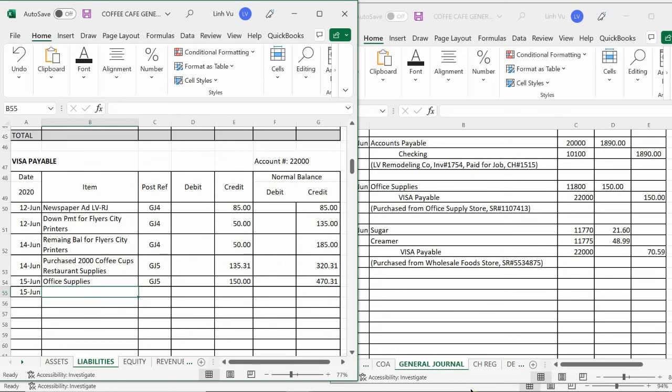So what did we do? Purchase supplies, sugar and creamer. And you could put wholesale food store.